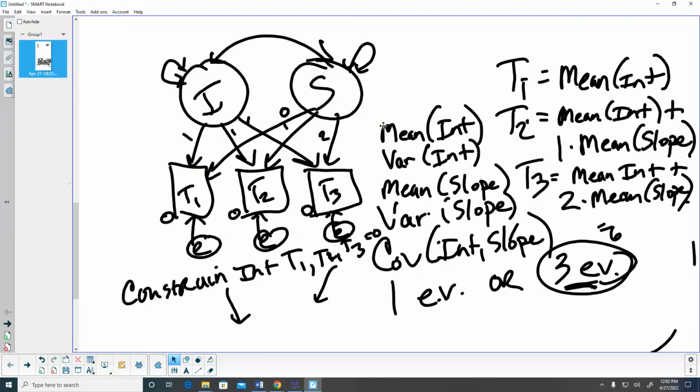If you were to ask a question about that, that would have to be specified as well. The no direct effect means there's no path, right?